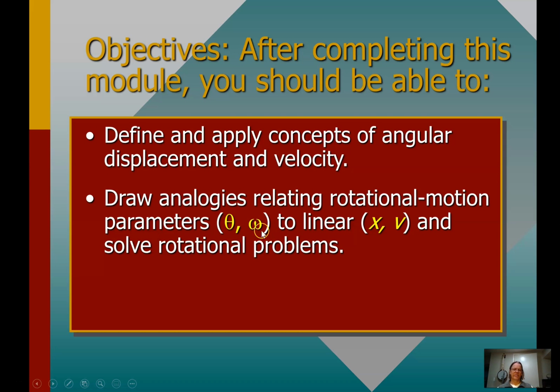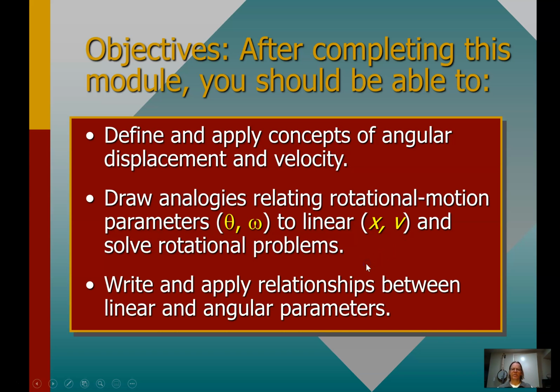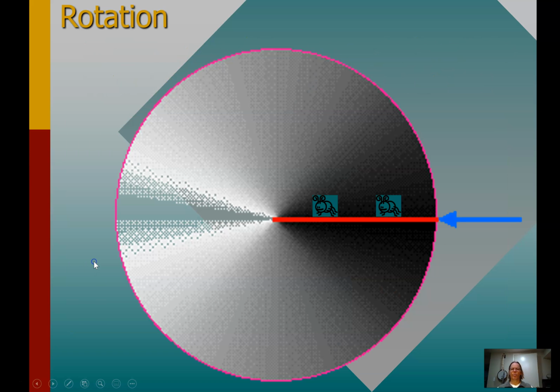We're going Greek for this stuff, and this is just your regular speed, your distance per time. Velocity would be displacement per time, but since we don't have a displacement for one full turn, we're really talking about speed, not velocity, because your direction's always changing when things are spinning. Alrighty, then we're going to apply those relationships to the world around us.